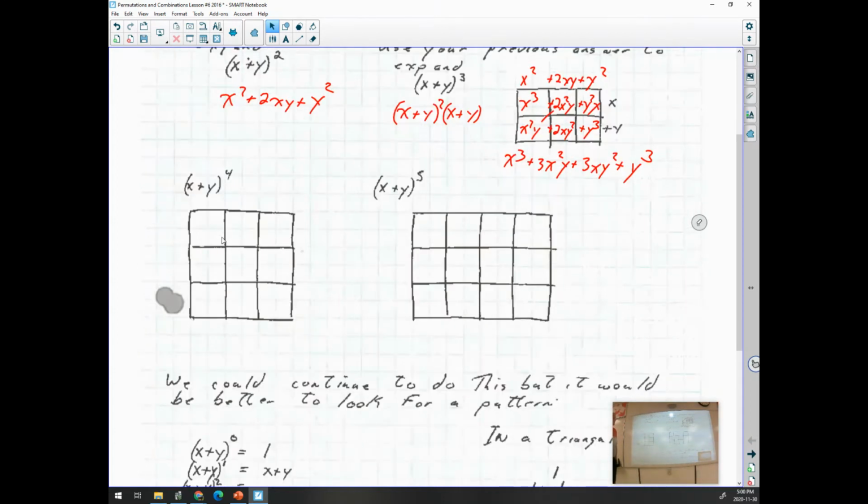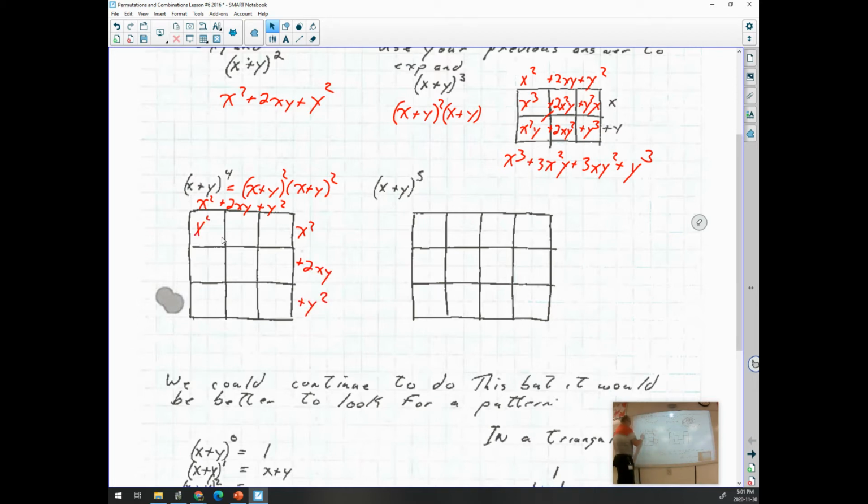(x + y) to the power of 4 can be written as (x + y)^2 times (x + y)^2. So I'm going to do exactly what I did before: (x^2 + 2xy + y^2) times (x^2 + 2xy + y^2).